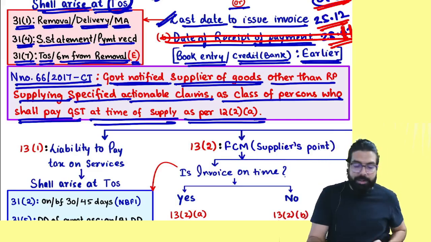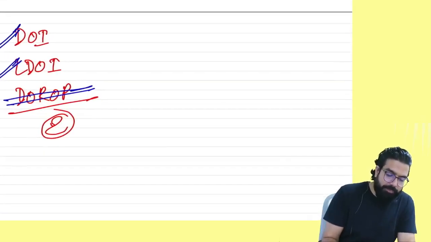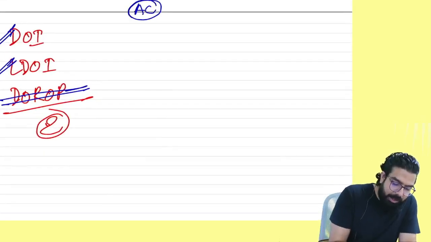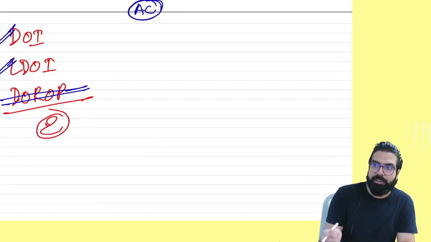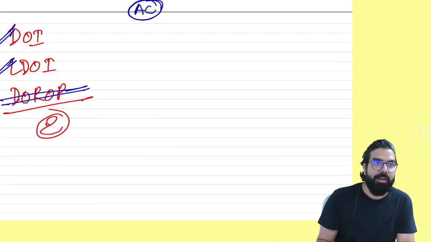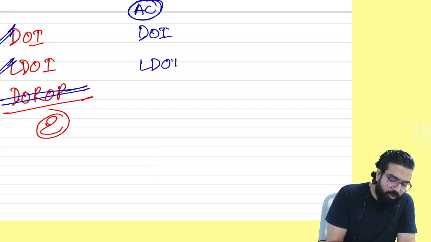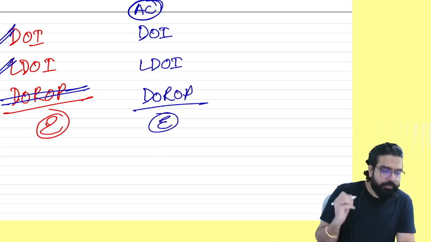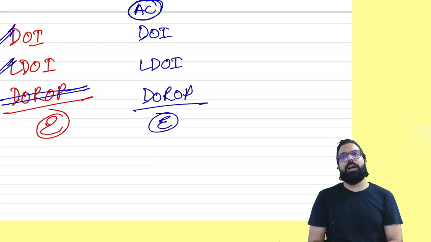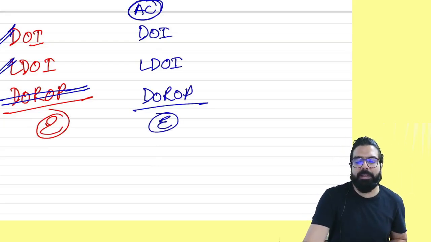In this case, the government told that if you are a supplier of actionable claim, then on receipt of advance also you have to pay the GST. That is why it is date of invoice, last date to issue invoice, or date of receipt of payment, whichever is earlier. So, when will you pay the GST?